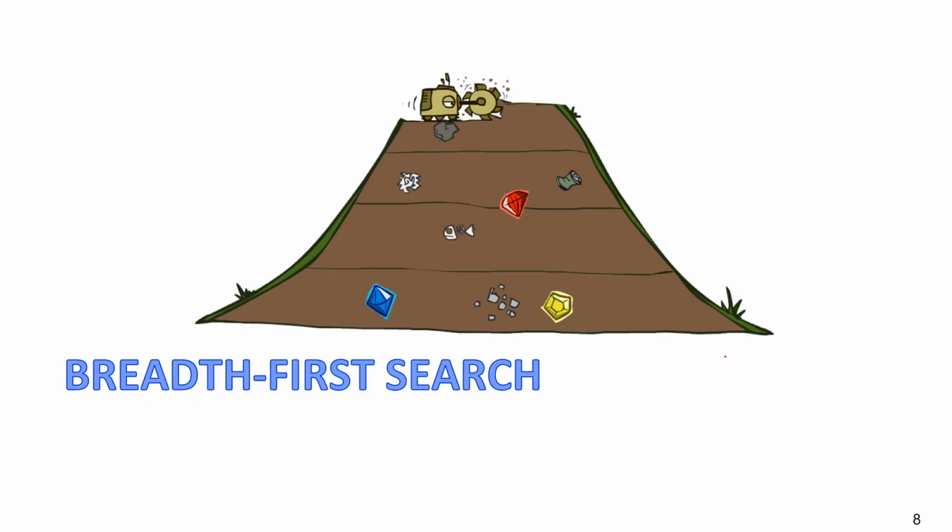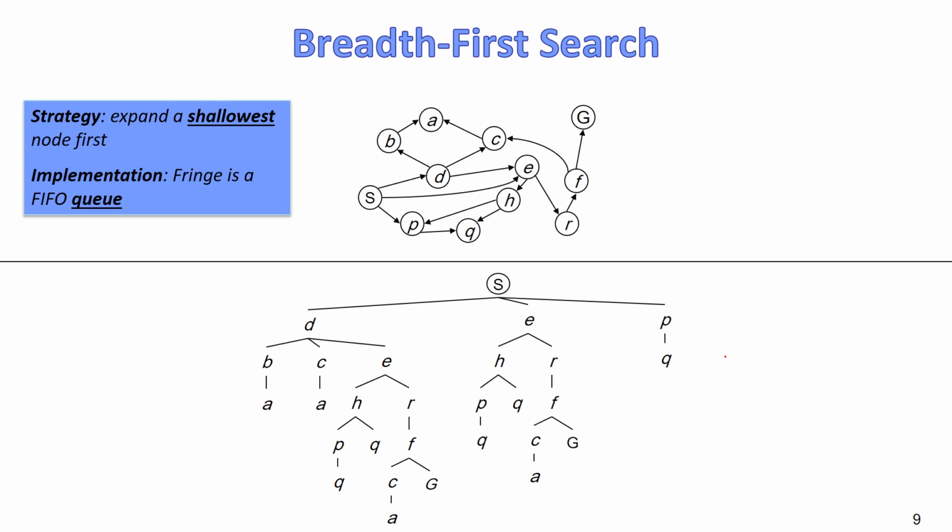Now we'll switch to BFS, or breadth first search. Again, I think you heard about this in data structures before, but in the context of solving search problems, let's see how it works. Again, we will do the same example.